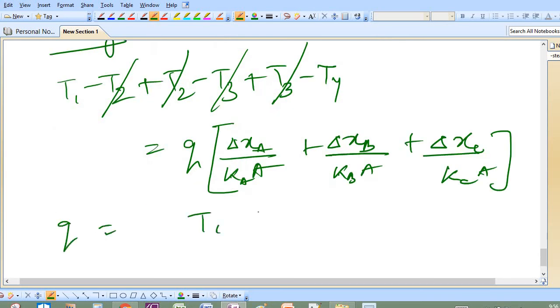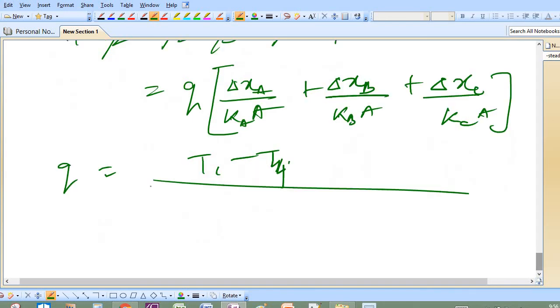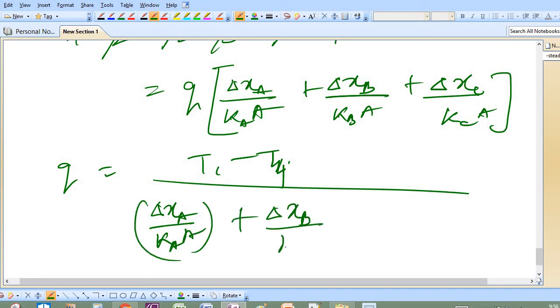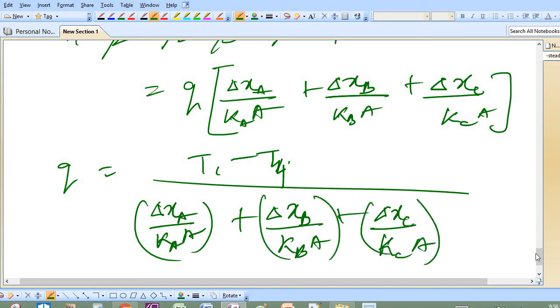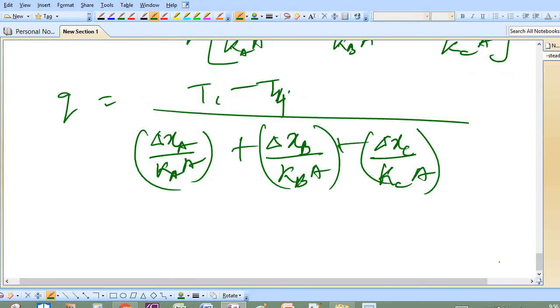Or Q is equal to T1 minus T4 divided by delta X A by K_A A plus delta X B by K_B A plus delta X C by K_C A. So these are all resistances of wall 1, wall 2, wall 3.